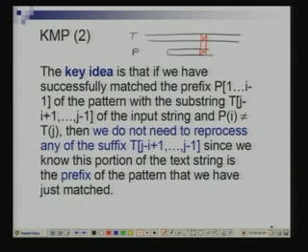So suppose we have successfully matched the prefix p1 through p(i-1) of the pattern with the substring t(j-i+1) to t(j-1). So let's label these things. This would be location j, this would be i. So I have successfully matched p1 through p(i-1), so this would be location i-1.